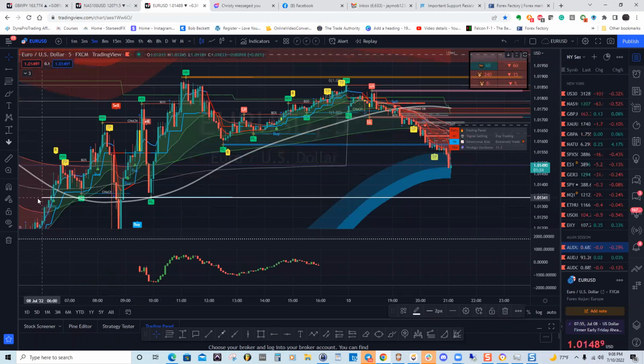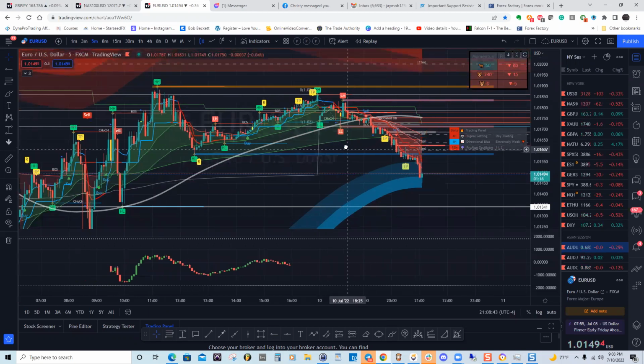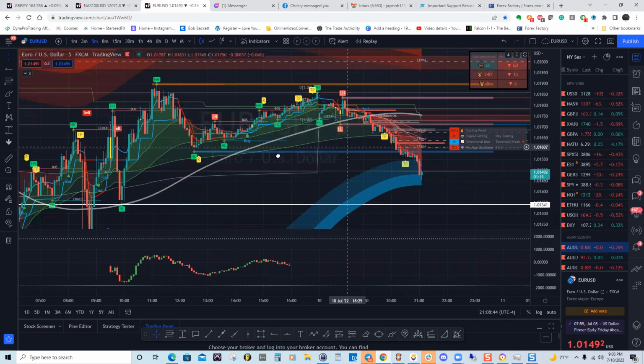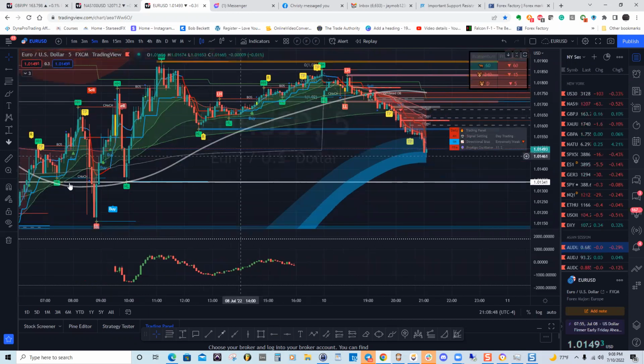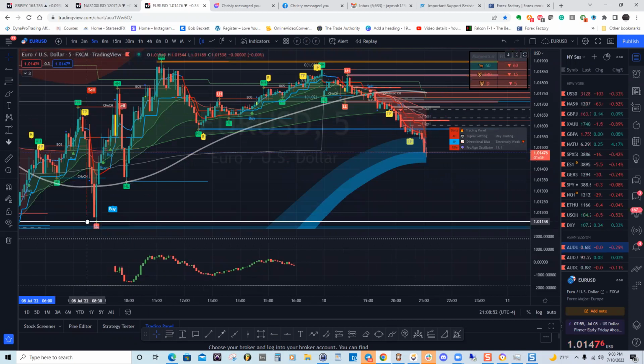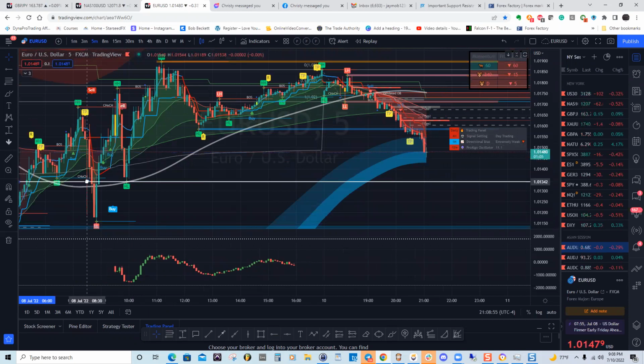That was a nice move right here though. 1341. If it comes down to there, I could see definitely down to here. If it comes down to here, you're golden. That's the next level, I would think.